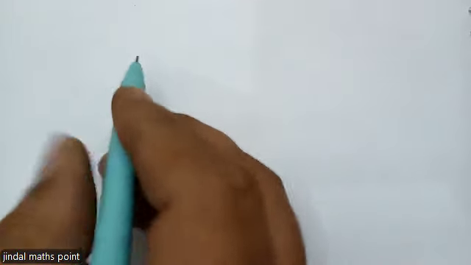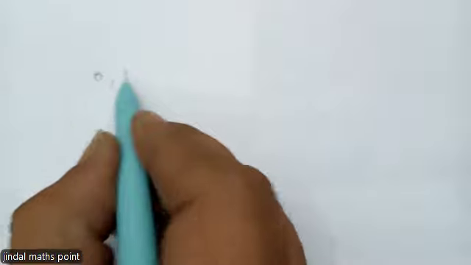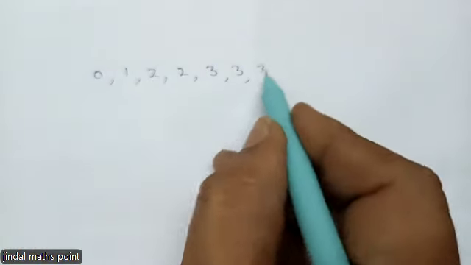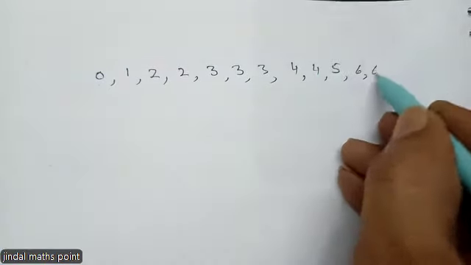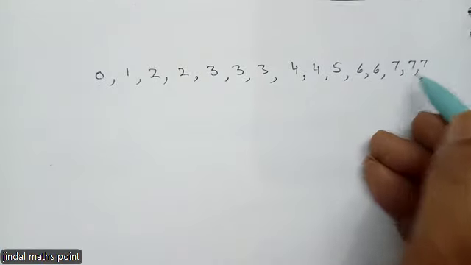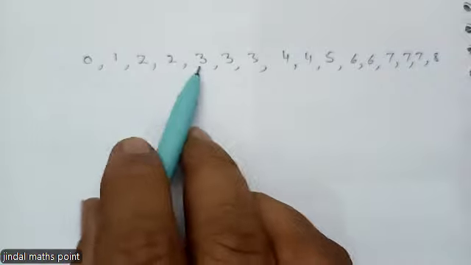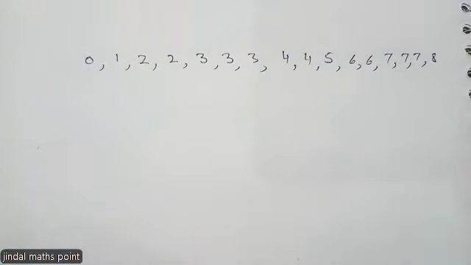Now, I take two examples. First of all, I take data in ascending order. Suppose 0, 1, 2, 2, 3, 3, 3, 4, 4, 5, 6, 6, 7, 7, 7, 8, and so on. 1, 2, 3, 4, 5, 6, 7, 8, 9, 10, 11, 12, 13, 14, 15, 16 values I have taken.